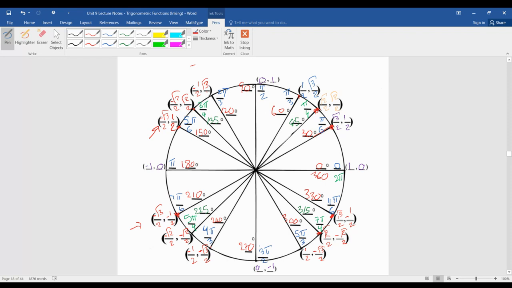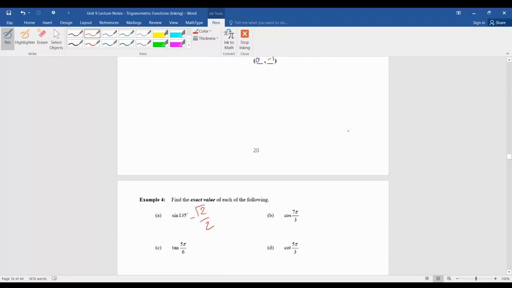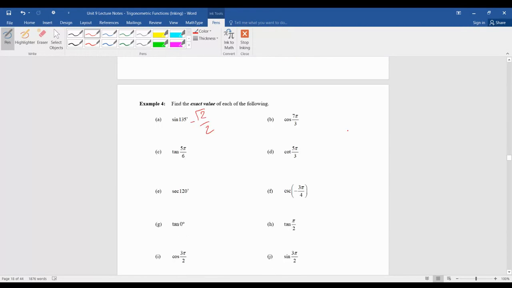You need to count multiples of pi over 3. 4 pi over 3, 5 pi over 3, 6 pi over 3, 7 pi over 3. So for 7 pi over 3, we're looking for the cosine, which would be 1/2. So cosine 7 pi over 3 is 1/2.